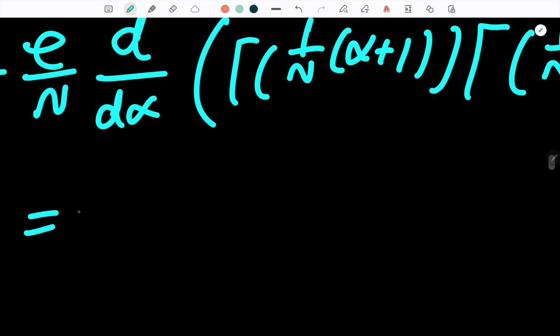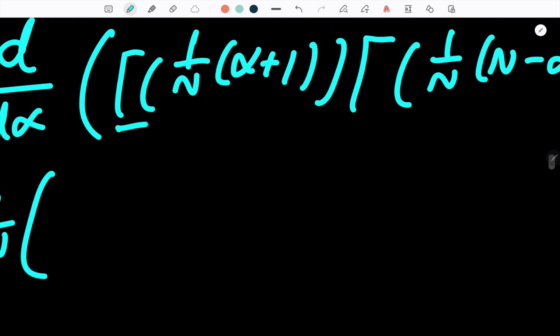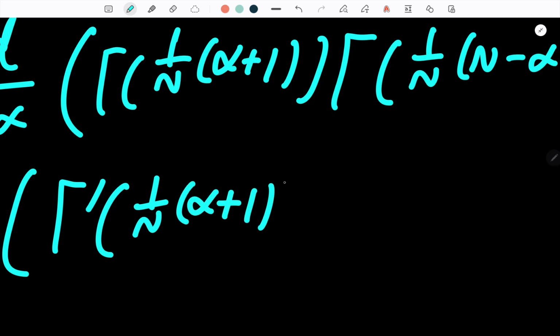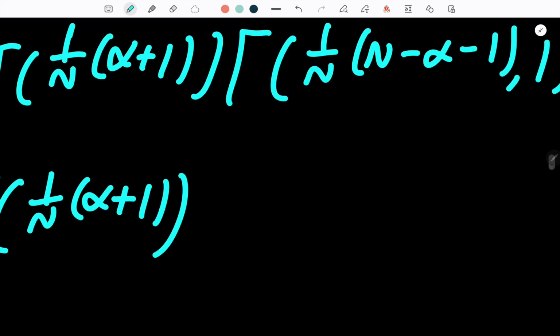So, we'll have e over n, of course, it's right here, times the derivative of this guy times this. And the derivative of this guy is going to be gamma prime of 1 over n times alpha plus 1, and then times, we need the chain rule, so times the derivative of the inside.